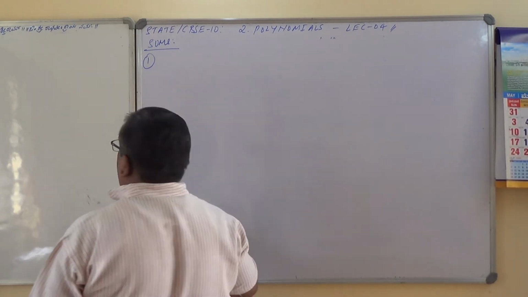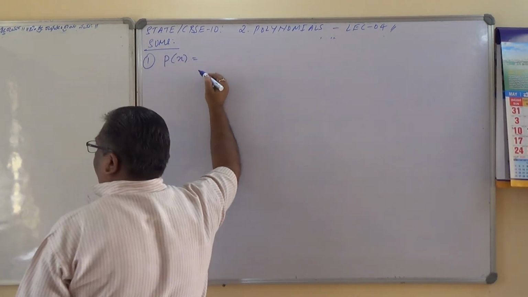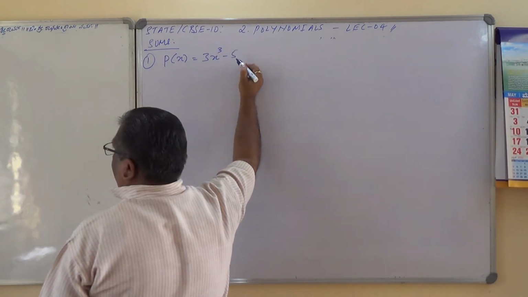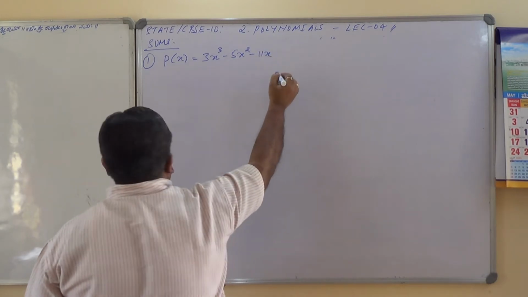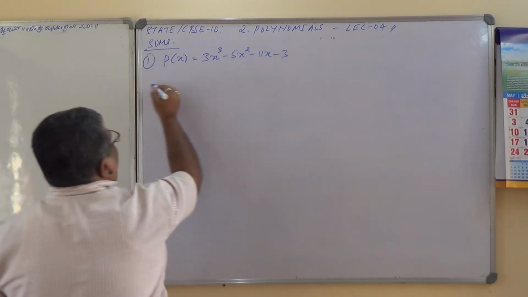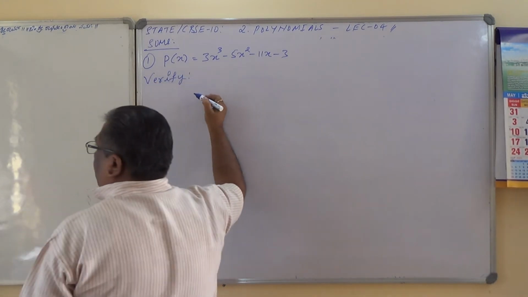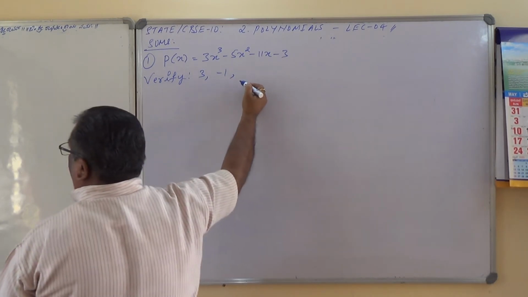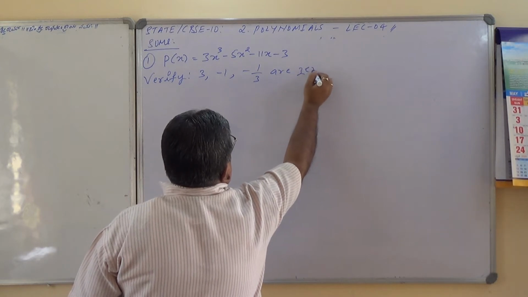Okay, what is given to us is a cubic polynomial, 3x cube minus 5x square minus 11x minus 3. Verify that 3, minus 1 and minus 1 by 3 are zeros.